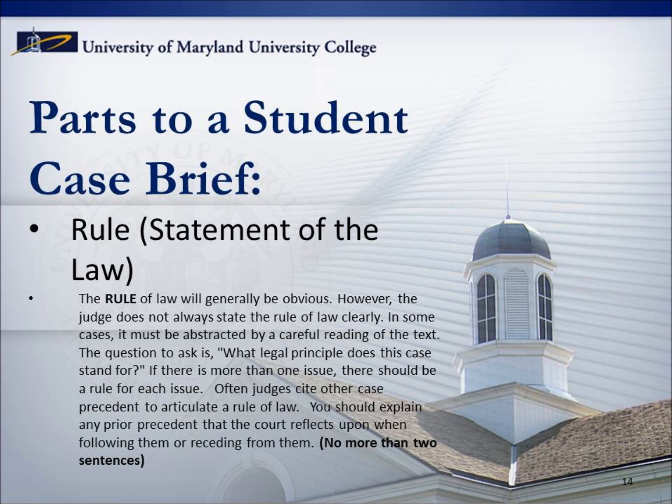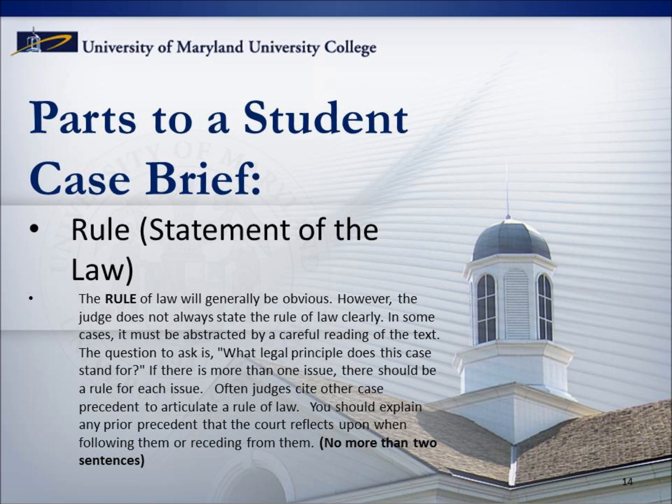Now you move into the rule of law. This is where we also call statement of the law. Sometimes that's easy to understand, sometimes it's not. But generally, the question you should ask yourself is, what legal principle does this case stand for?